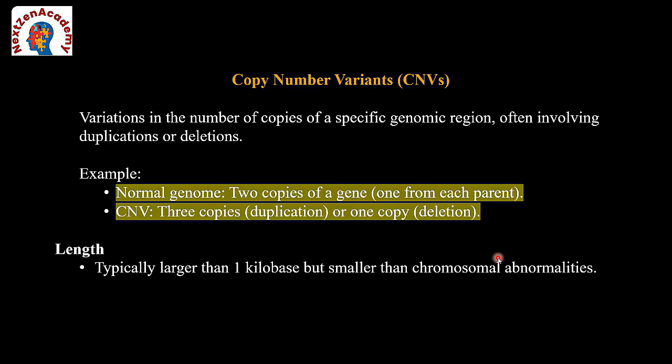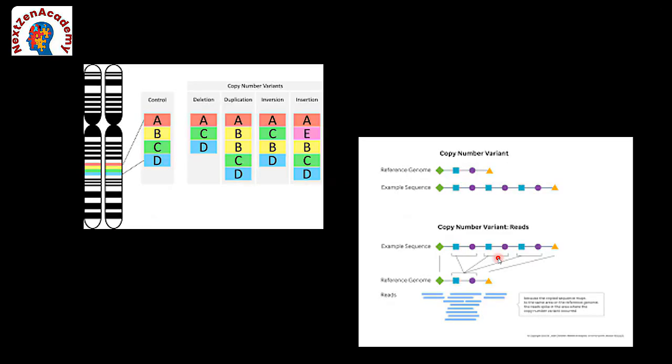The copy number variations. The two most important types of variation: one is structural variant, another one is copy number variant. A copy number variant is a variation in the number of copies of a specific region that often involves either a deletion or a duplication.